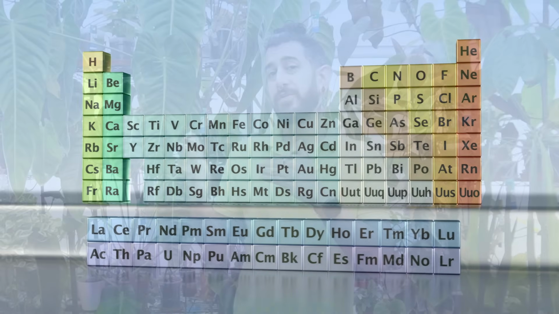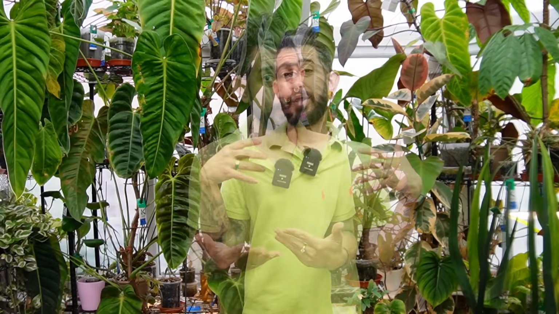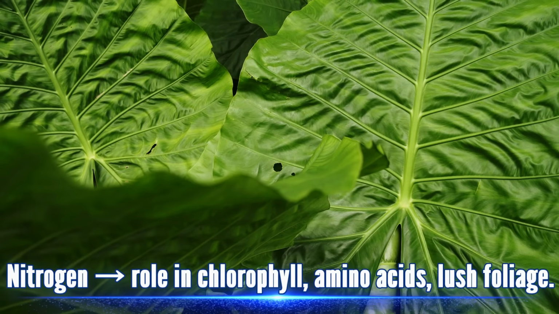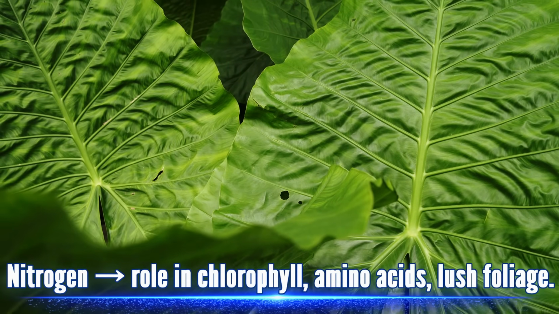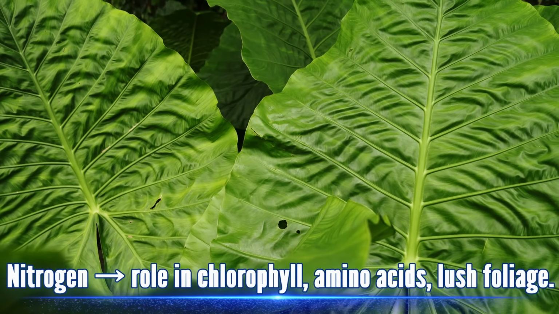But what does each one of these three things do? Nitrogen is predominantly used for photosynthesis, amino acids, and generally lush green foliage. This is one that we need to be paying attention to, especially when you're looking at things like houseplants, where by and large, we are growing for their foliage.